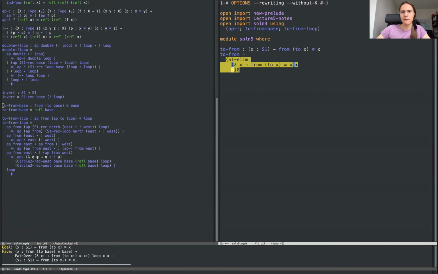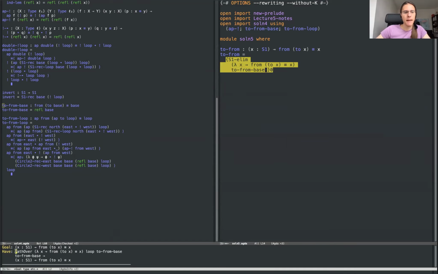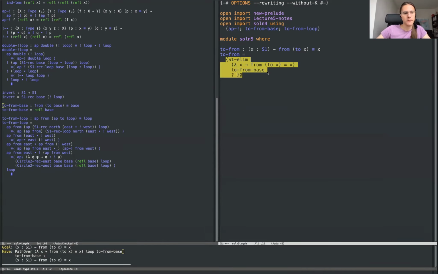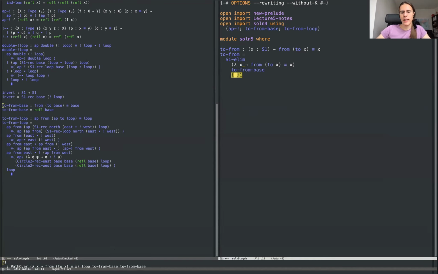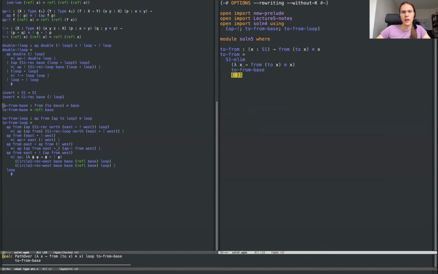Now, we'd hope that for the next case, we can just put to from loop, but it's not going to be that simple. What we're going to need to produce instead is a path over, which is a construct that was introduced last time in lecture. And so we're done modulo this hole.